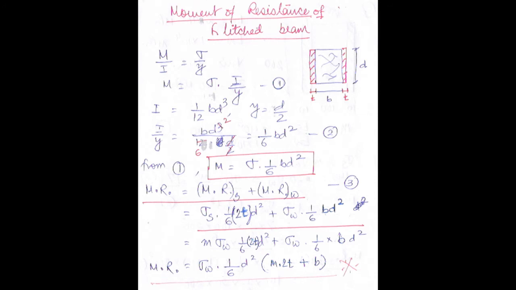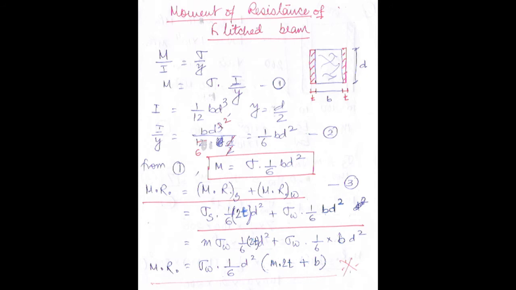Okay, now let us see how to find the moment of resistance of a flitched beam. What do you understand by the moment of resistance? It means the resistance provided by a beam to counter the bending moment developed in it.